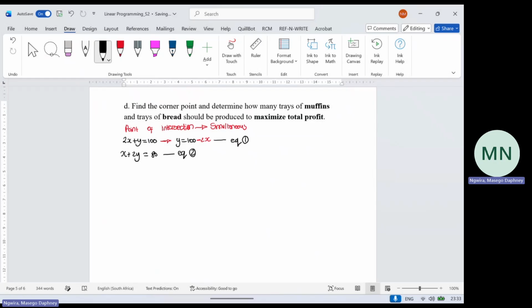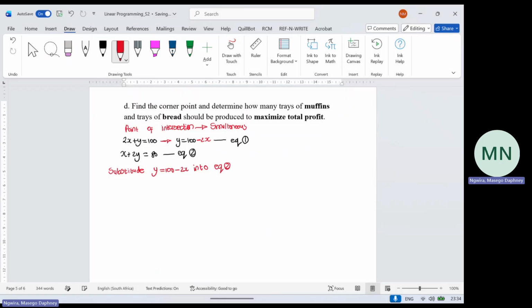All right. Then now I have my two equations, so I'm going to substitute. So substitute y equals 100 minus 2x. I'm saying replace y equals 100 minus 2x into your equation 2. That's it.